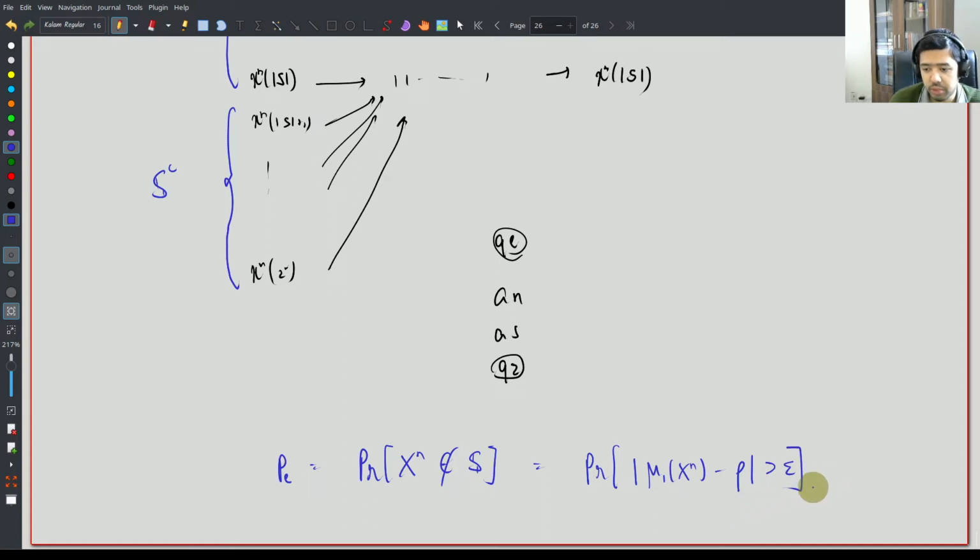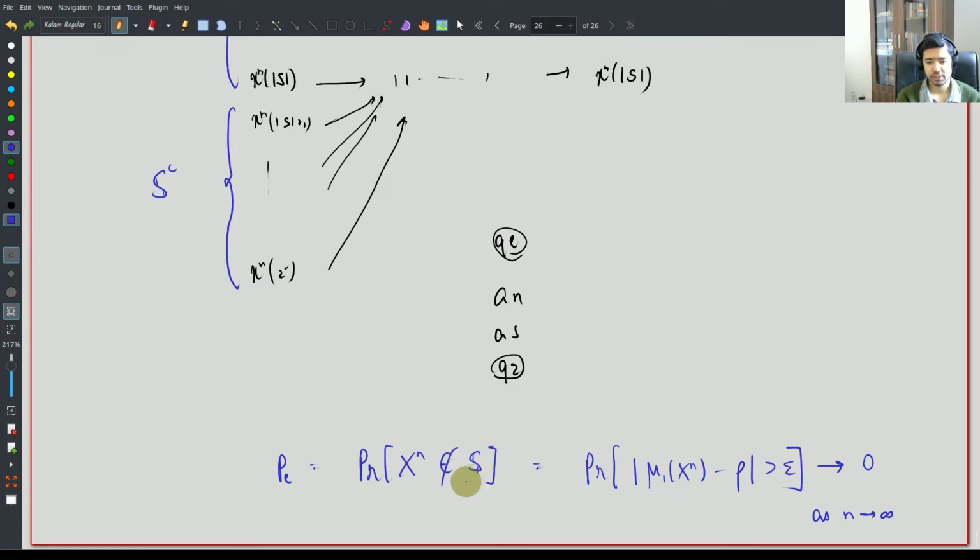And just by whatever bound you want, the weak law of large numbers, or even if you use Chernoff bound or Chebyshev inequality, it's easy to see that this probability tends to 0 as n tends to infinity. So the probability of error is definitely vanishing in n, and that is what we want. We're happy with that.